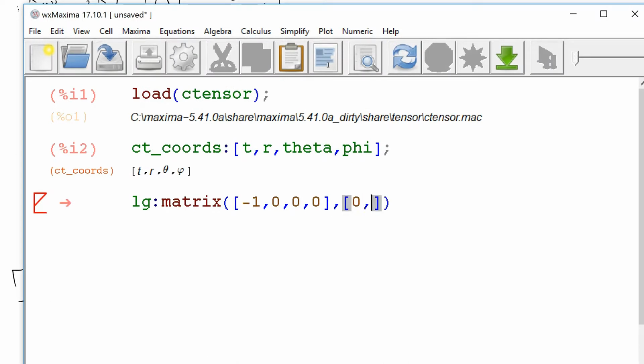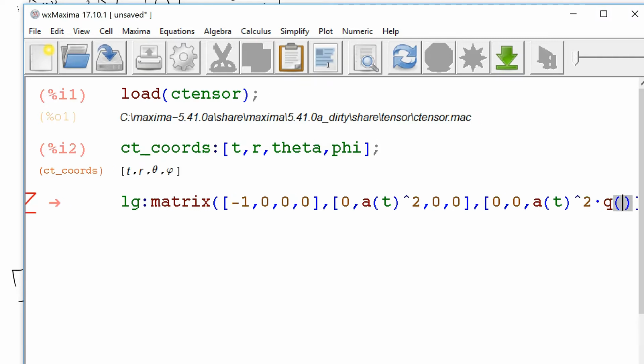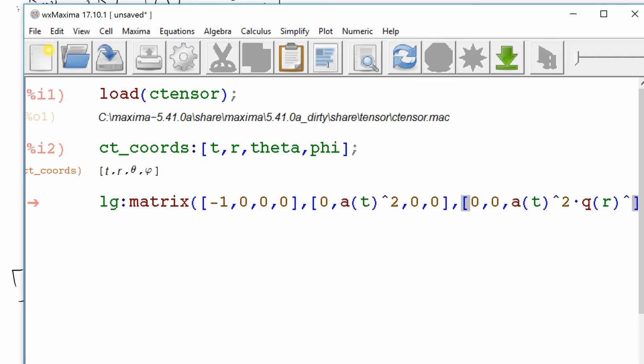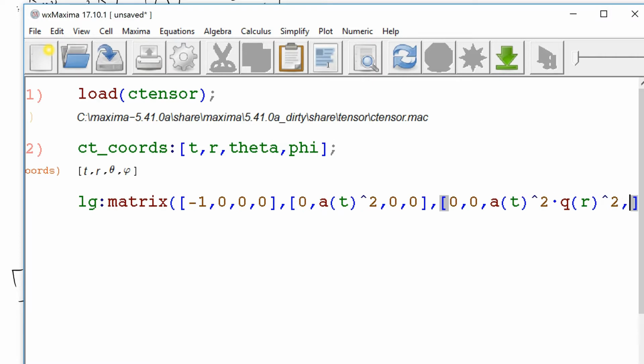Comma 0, a of t squared, 0, 0 for the next row. Next one is 0, 0, a of t squared times q of r squared. Is that right? Yes.